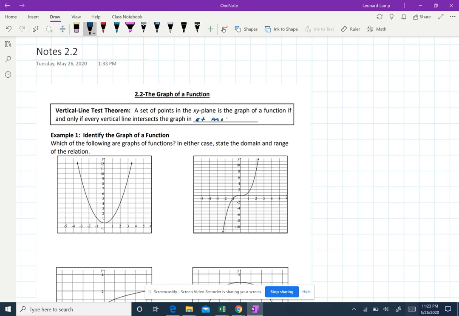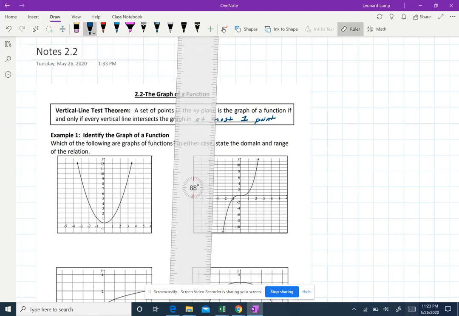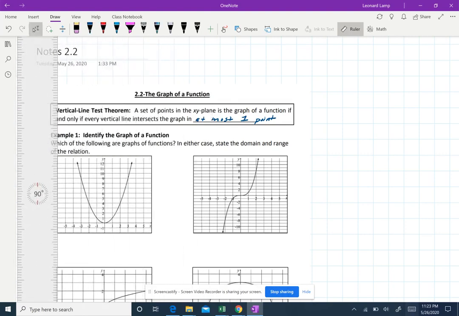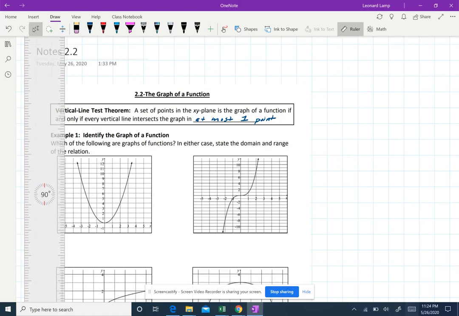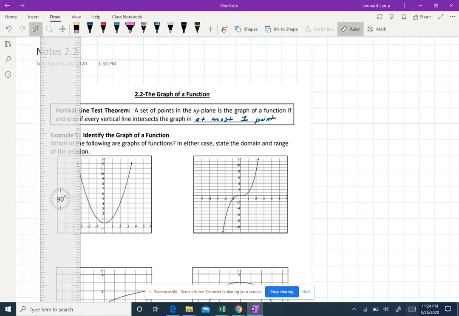At most one point. Okay, so what you're doing is you're basically taking a vertical line. I'm going to use a ruler here, right? So here's my vertical line, and you're going to pretend that it's going through the graph very slowly like this. As you move through the graph, you're looking at how many times this vertical line will touch the graph.